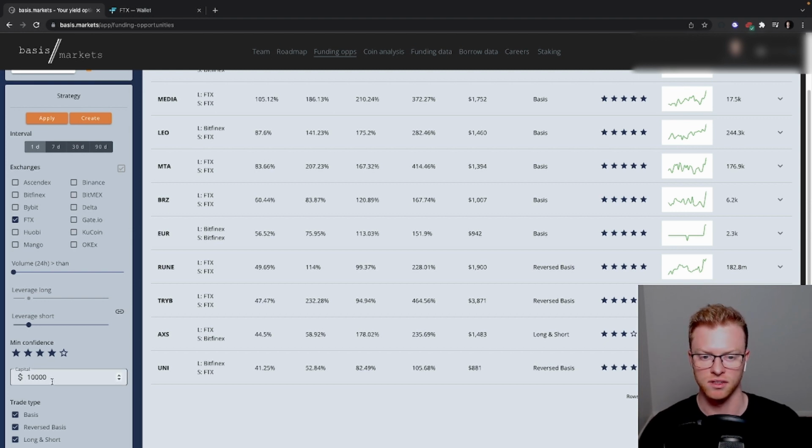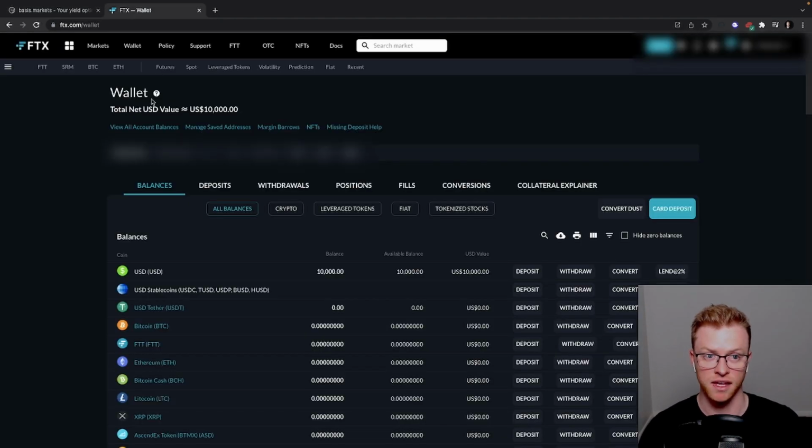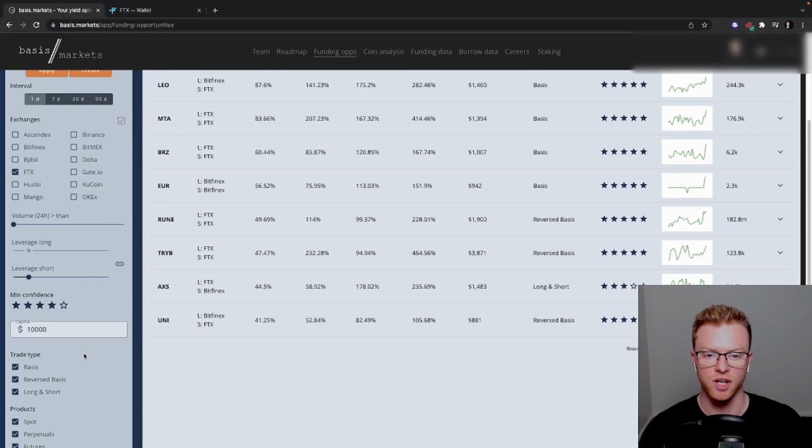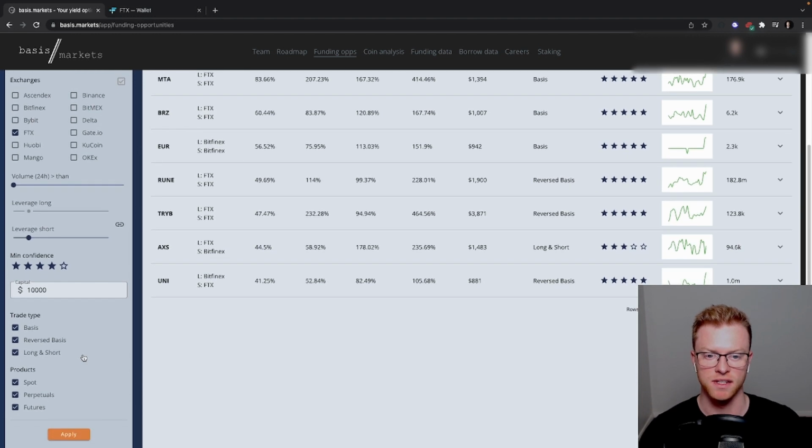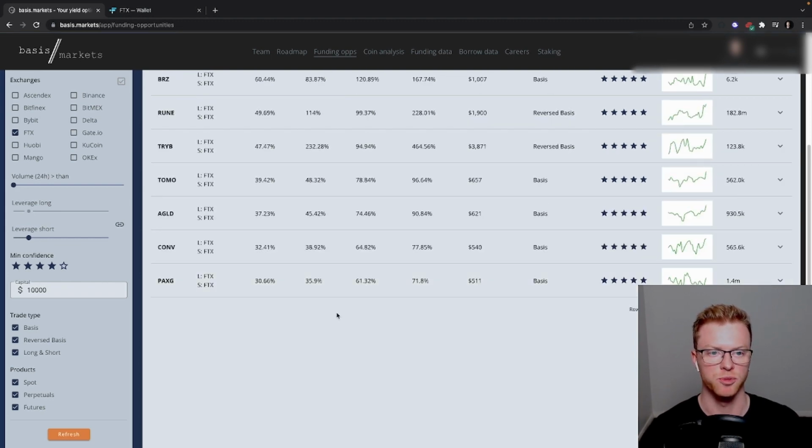And a $10,000 capital we've got in our account. So I have funded an account with $10,000. And the trade types that we want are basis, reverse basis, long and short, and products: spot, perpetuals, and futures. So all of the products and all of the trade types that are available, and we will apply that to the trade engine and let it scan for those opportunities for us.